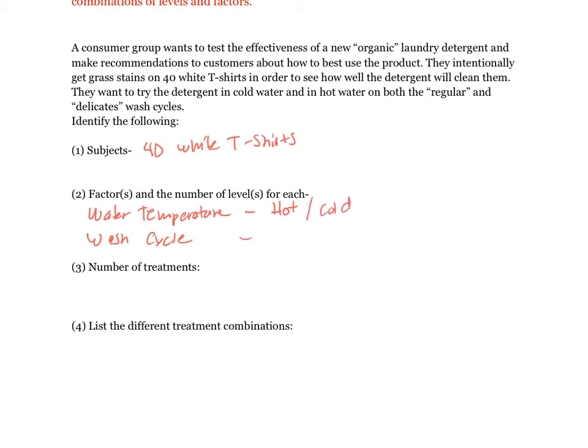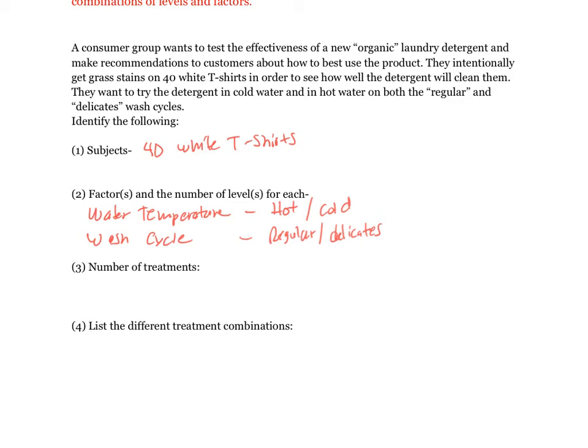And for the wash cycle, there were 2 cycles, regular and delicates. So the factors are the water temperature and wash cycle, and the levels are whether you have hot or cold water, and whether you have a regular or delicate wash cycle.